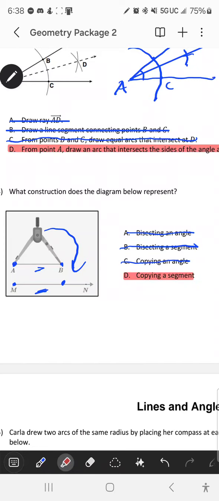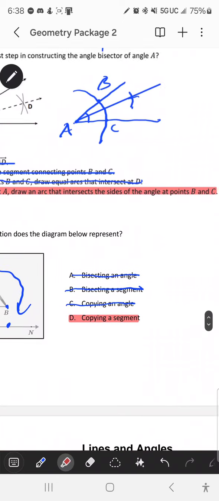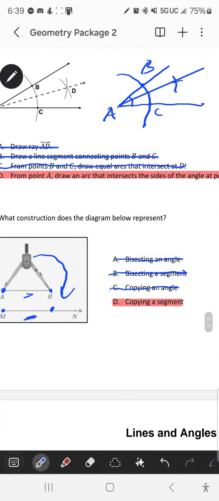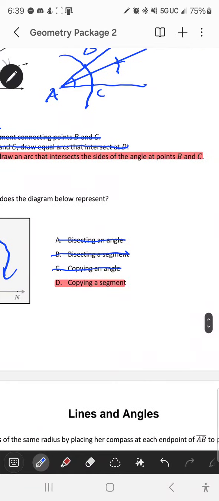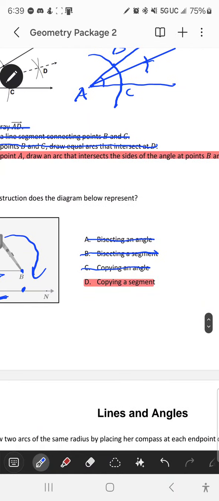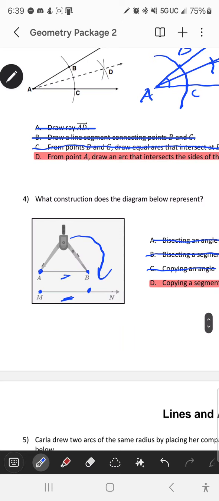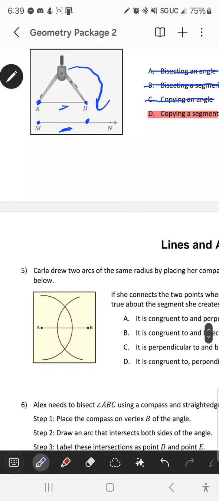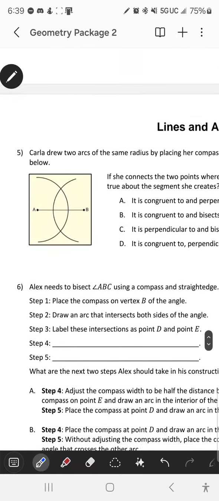It's easier to eliminate the angle because there is no angle here. Just the bisecting thing: remember, bisecting is cutting in half, so we are not doing that really.